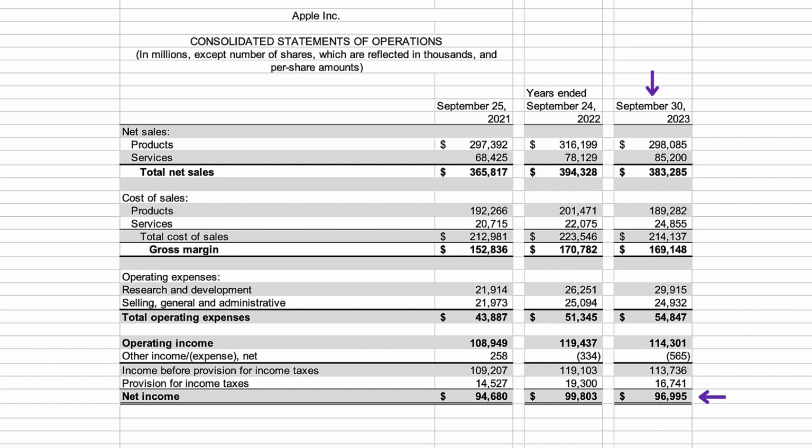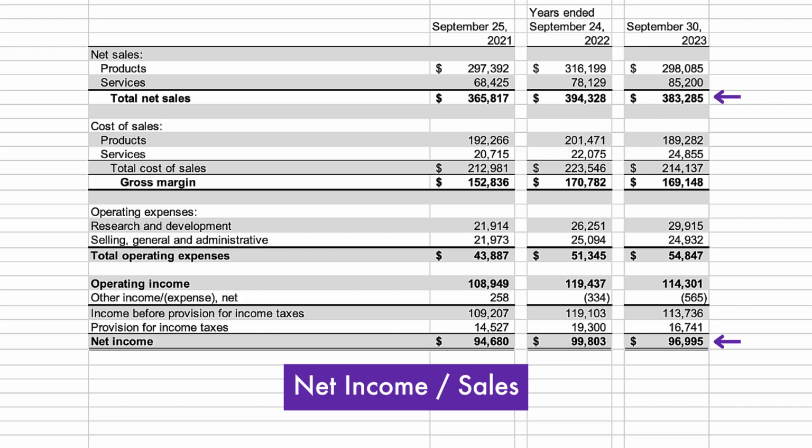So let's take a look at this income statement. They have a net income of $96,995, and they have total net sales of $383,285. So if you want to figure out how efficient they are running their company, you just divide the net income divided by the sales.